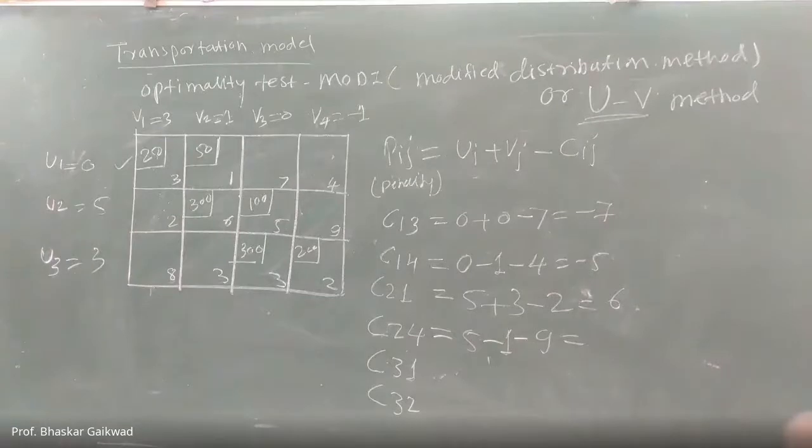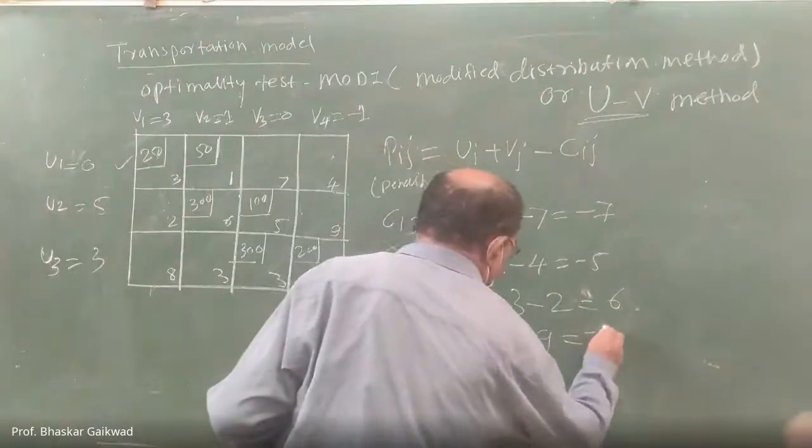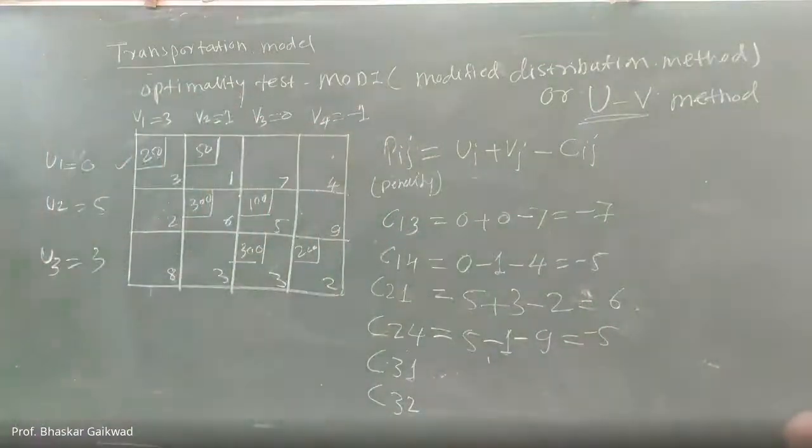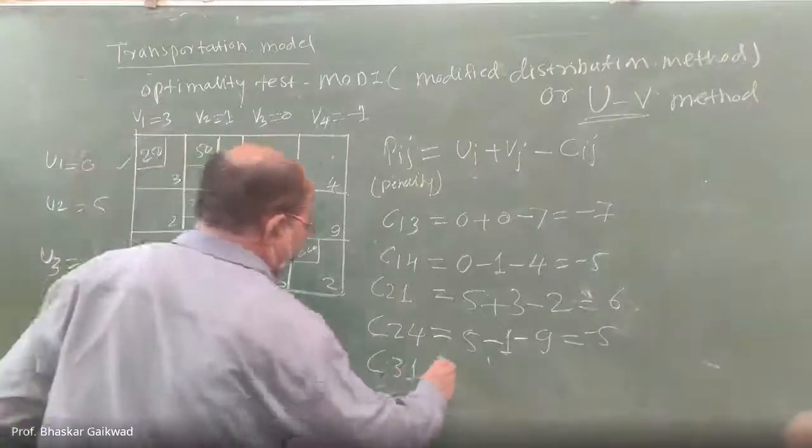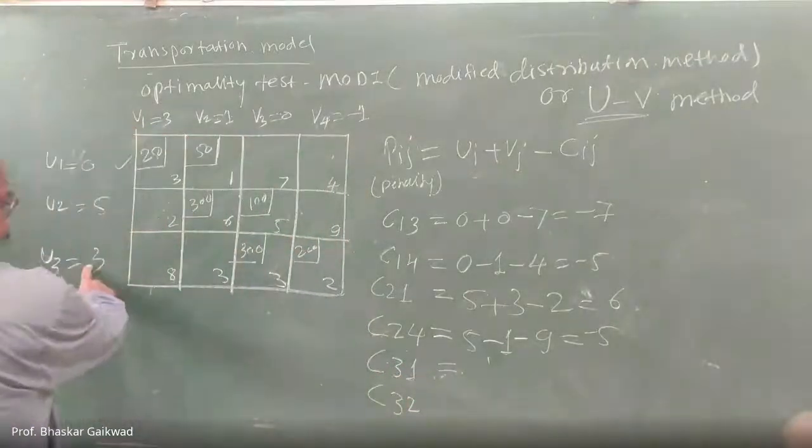So the fourth one we have to consider, C24, second row fourth column. Minus 5, so again it is minus 5. Then 3 1, third row first column, that is here 3.